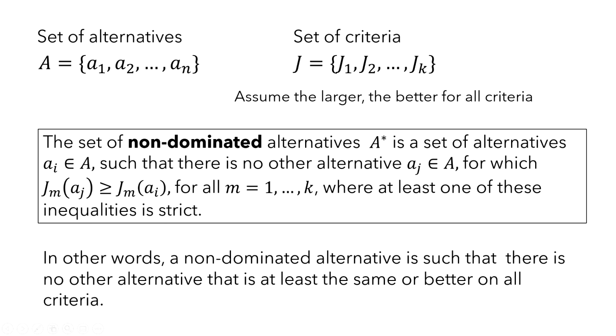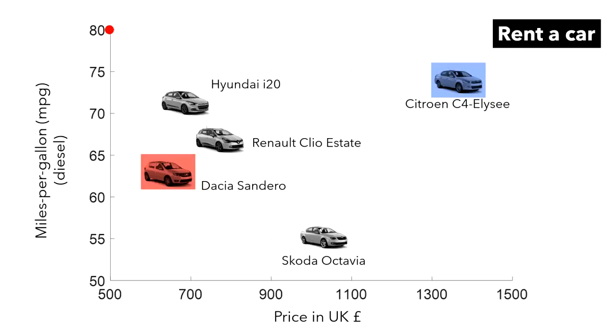That is the idea. Non-dominated alternatives are such that there is no other alternative that would be better on all criteria. So if all the criteria are equal, exactly, then that alternative does not belong to the set of non-dominated alternatives. I need at least one to be strictly better.